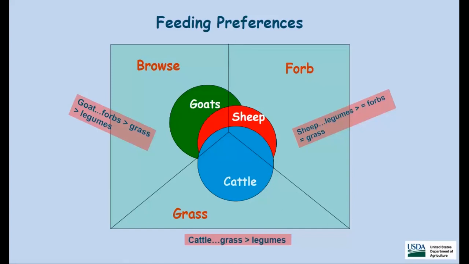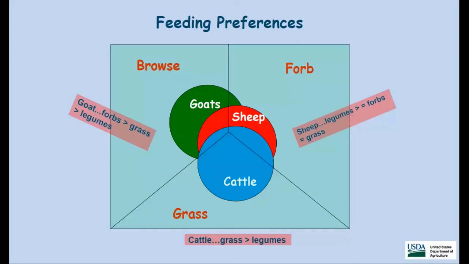I can tell you that my sheep will eat a lot of things that I know that the cattle will not eat, especially things like bedstraw and a couple of other plants that very rarely will see cattle eat. And then, of course, cattle prefer grass over legumes and forbs.